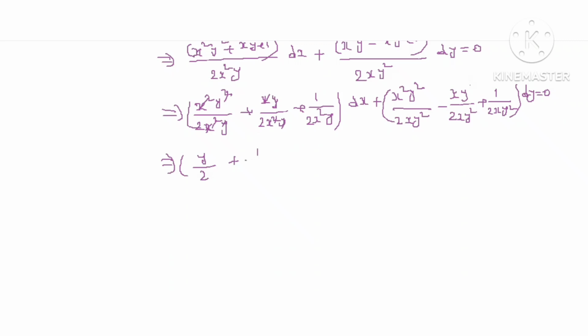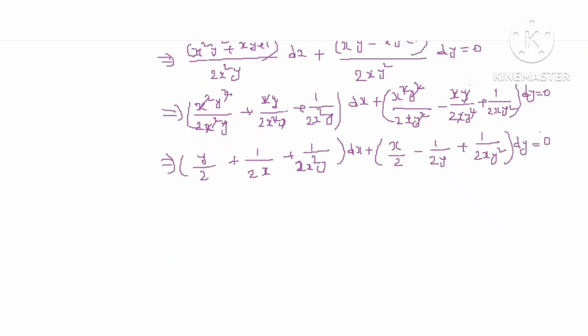It is 1 divided by 2x plus 1 by 2x square y dx plus 1x gets cancelled out, y square gets cancelled out. It will be x by 2 minus, gets cancelled out, 1y gets cancelled out. So it is minus 1 by 2y plus 1 by 2xy square dy is equal to 0.